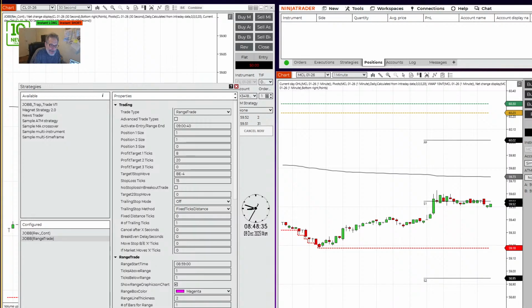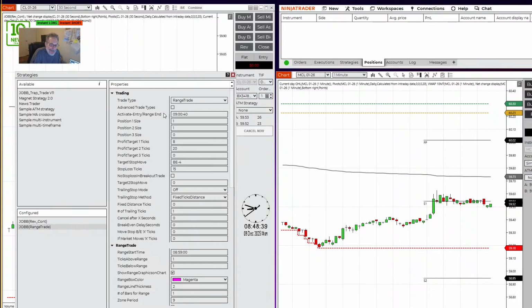Good morning, Roz. All right, our range trade on oil. The range ends at 9:00:40. Position 1 is a 1, position 2 is a 1. Target 1 is 8, target 2 is 20. Target 1 stop move, I do a BE minus 4. 15 on the stop.